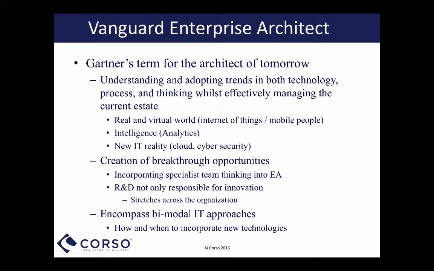It's taking the ability for the business teams to build their own IT infrastructure, and that could be at odds with what's happening in the architecture. Well, not at odds, it's just another factor that has to be involved. So you have to incorporate some sort of specialist team thinking into your architecture, and that specialist team is going on in and around the business.